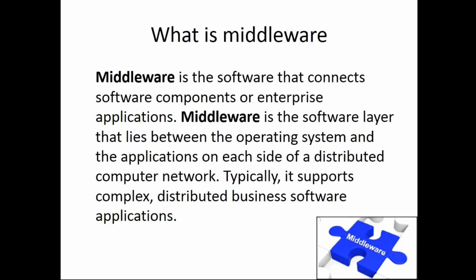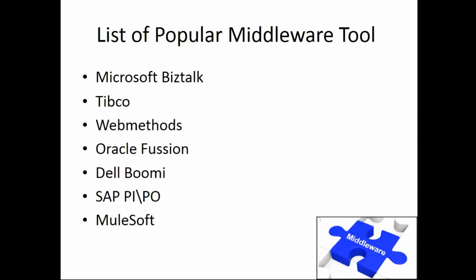So complex and distributed business processes are achievable on the middlewares. It exactly means it takes the data from the sender and provides the data to the receiver. It seems a simple job, but there are so many things involved in middlewares.